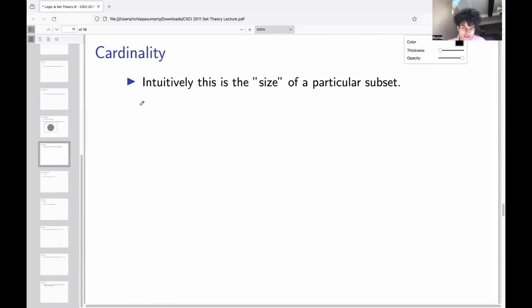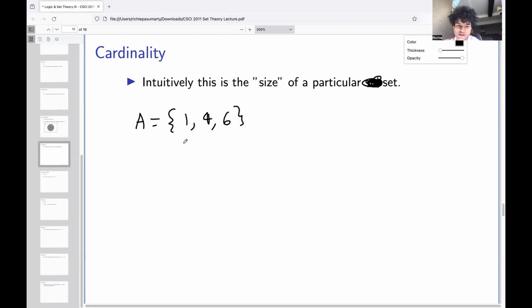Oftentimes when we're talking about a set, we are interested in the size of a particular set. So, for example, let's say I have a set A, and this set is equal to {1, 4, 6}.